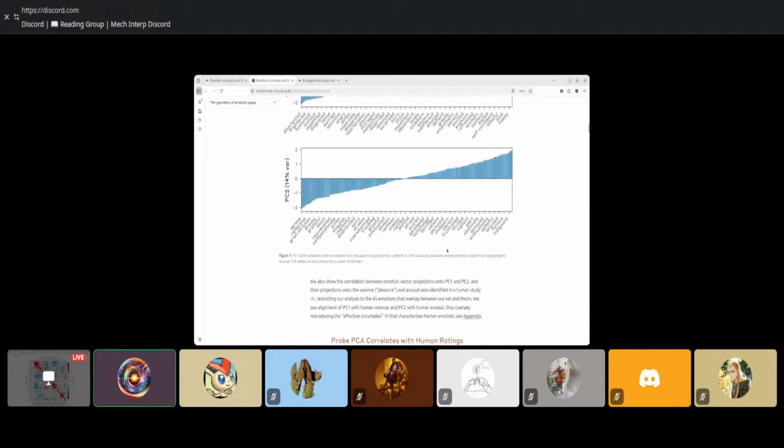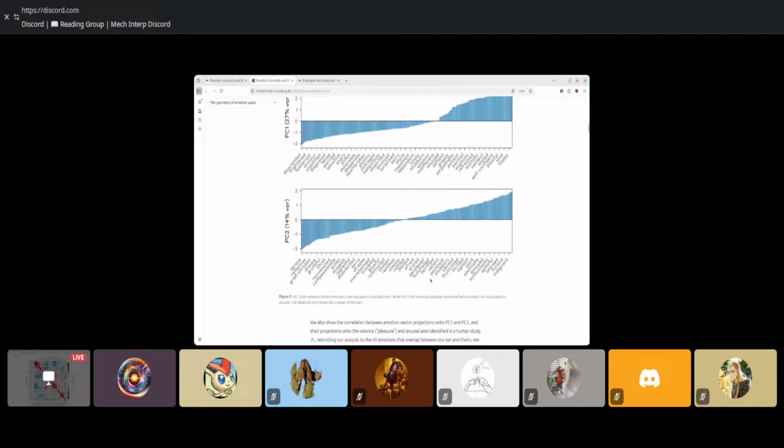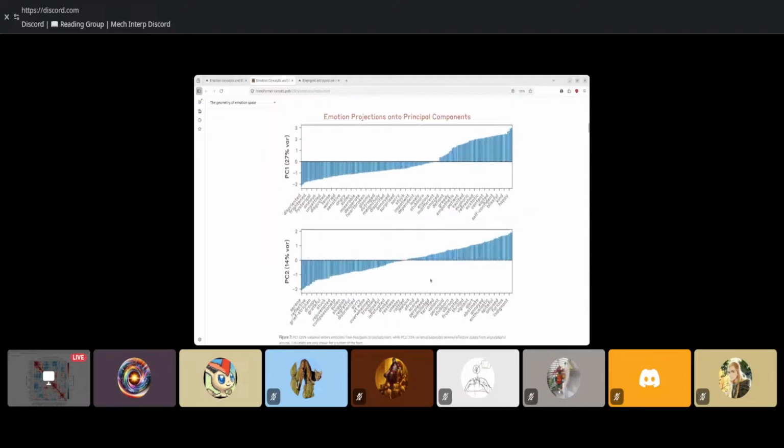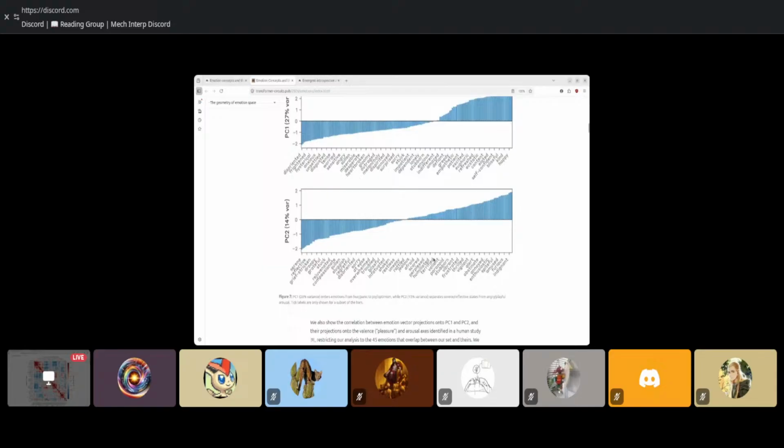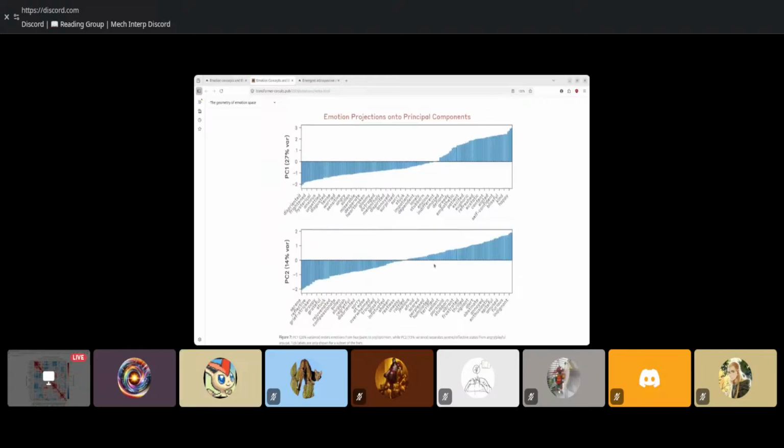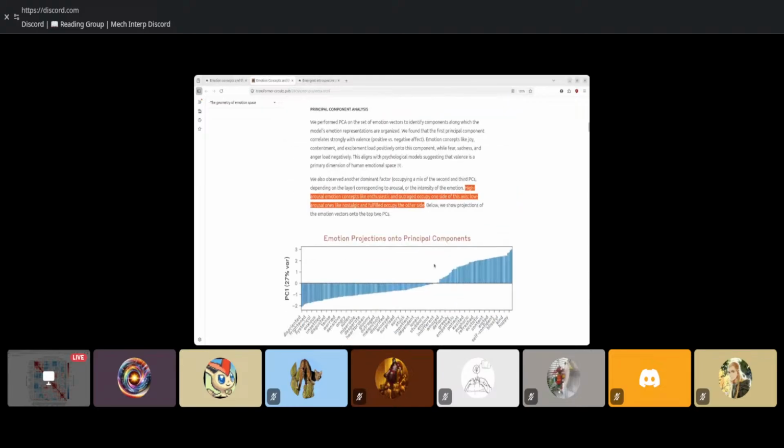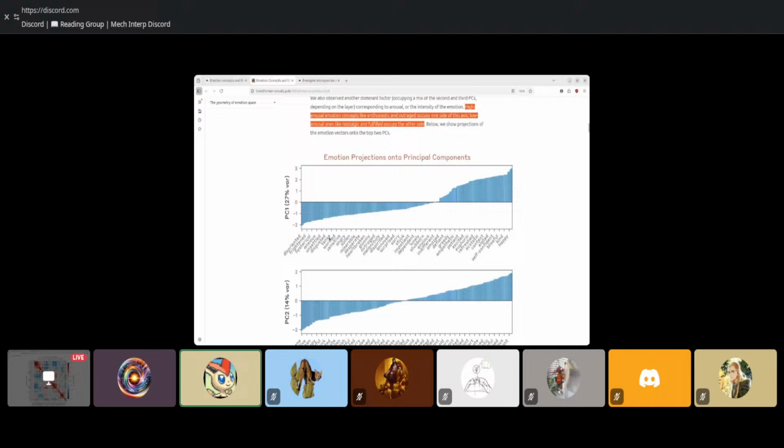Yeah, it depends on your training data basically, or which exact emotions you're trying to look for as well. Okay. Yeah, so it's like the most happy.